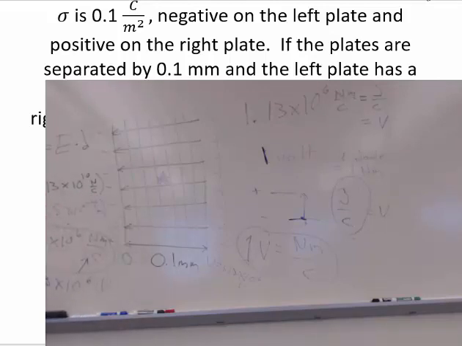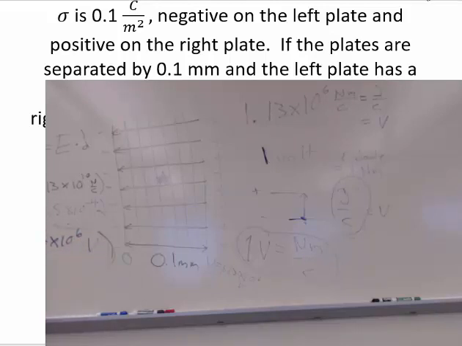If we do the math there, we'll see that directly in between these two plates here, the voltage will be half of what it was earlier. So it'd be about 0.56, maybe 0.57 times 10 to the 6 Newton meters per coulomb, which is volts, as we discussed.